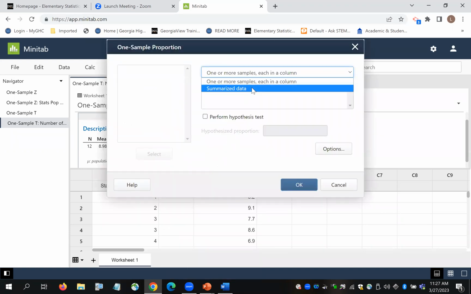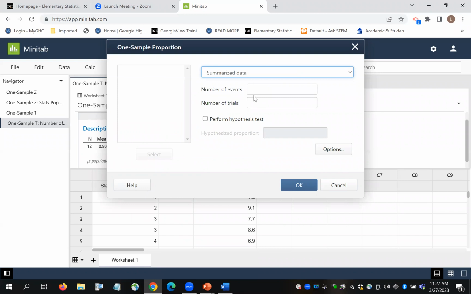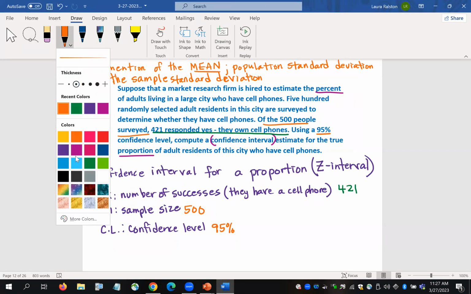I have summarized data. The number of events is my number of successes. Let me make a note for you. Minitab calls the number of successes the number of events.